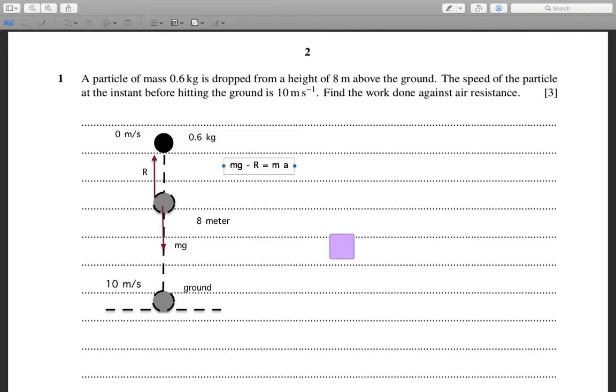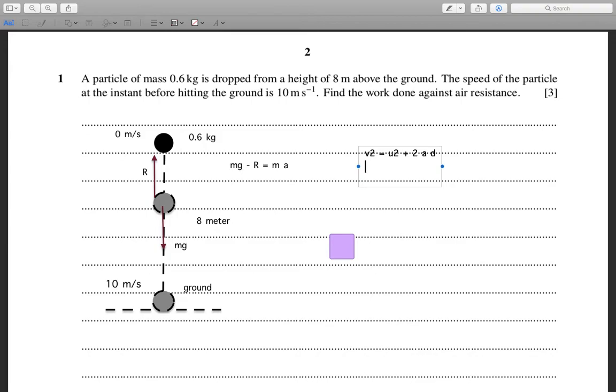We want to find the magnitude of R. First we need the acceleration, so we use v squared equals u squared plus 2ad.